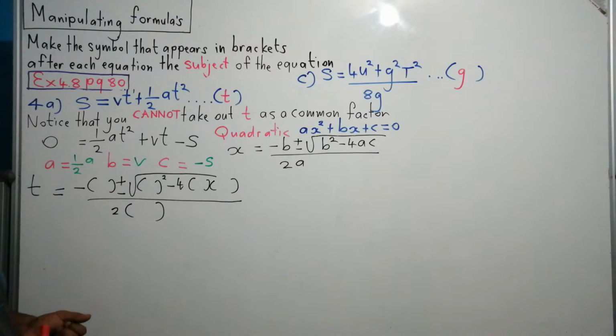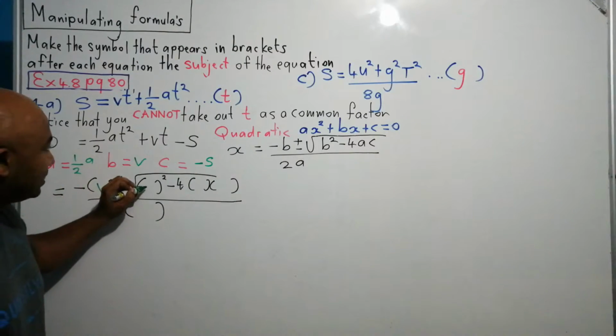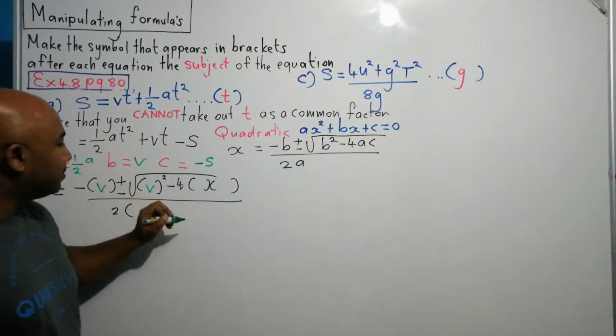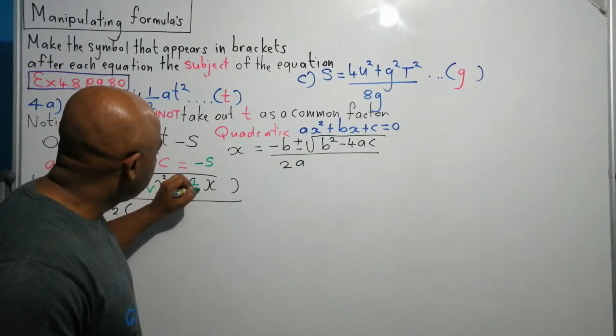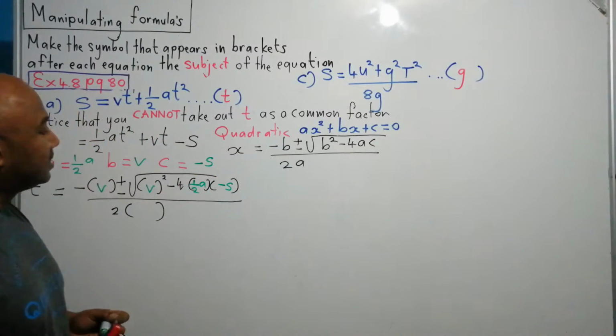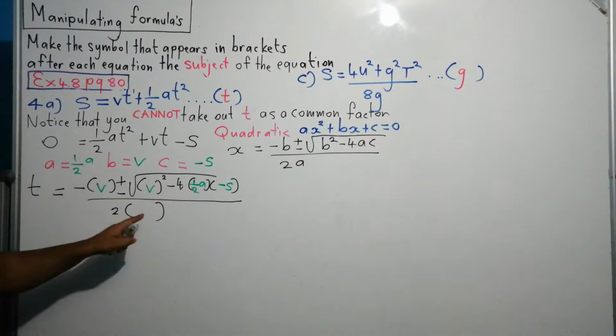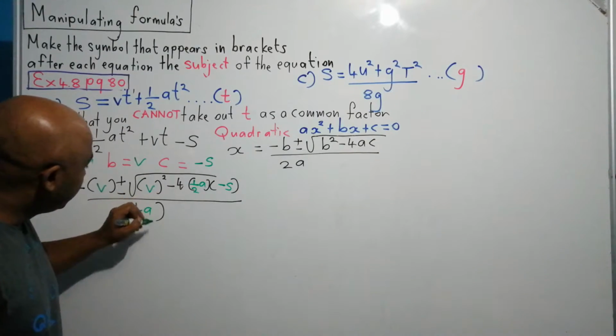My b is V, so that's b squared, so that's V squared, a, which is half A, and c is minus S, all divided by 2a. My a is half A there.